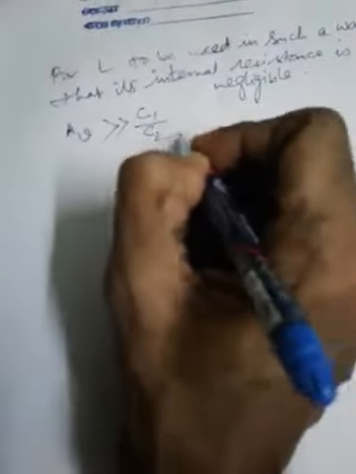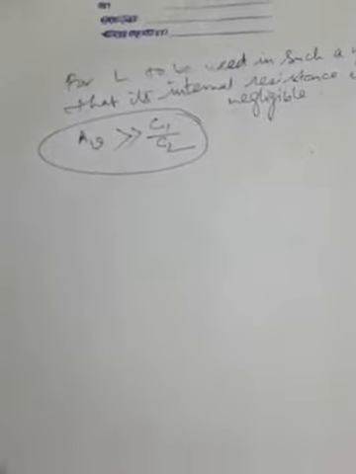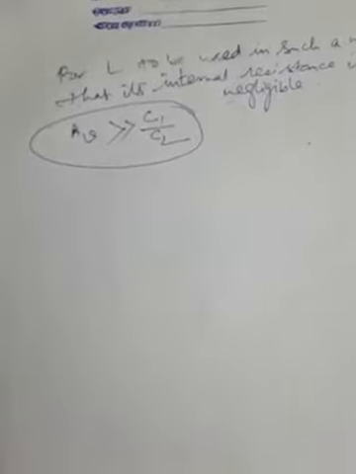So this AV should be very much higher than C1 by C2. This is important to neglect the effect of stray capacitance, inductor resistance, and amplifier input impedance problems. Now, design of the Colpitts oscillator might commence from the choice of the value of C2 to be very much larger than the stray capacitance, or with the selection of L. That is important to form the feedback network for the Colpitts oscillator.